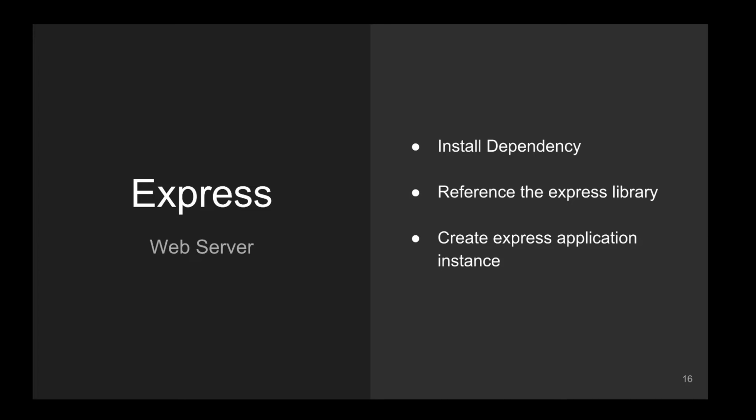What that means is it's taken all the Node.js HTTP classes and added a layer on top of it so that it allows you to communicate via RESTful endpoints. Let's start out by installing the Express dependency, and then we're going to reference the library and create a very basic Express application.